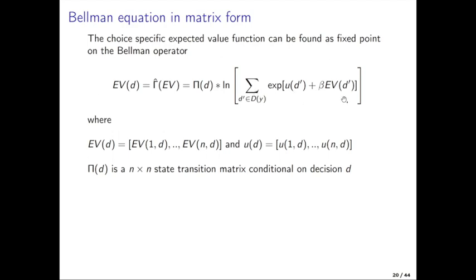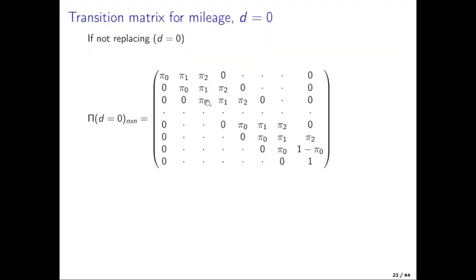It's not really the integrated value, but you see the formula here. And this is just in matrix notation. So now it's really like a finite state space, and everything can be done with simple matrix algebra in order to implement the Bellman operator. Let's take a look at this matrix here. Now notice it depends on D. This is the Markov transition matrix, which is n by n. Looks like this. What does this mean?